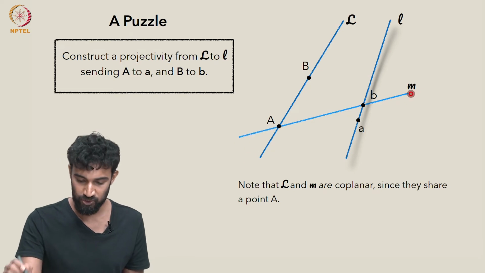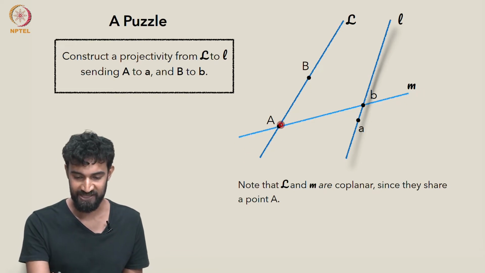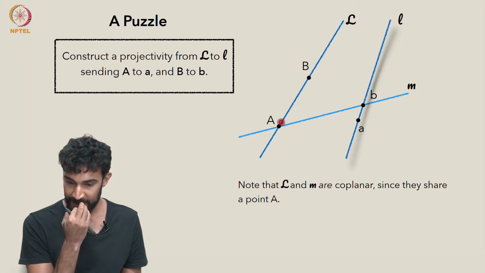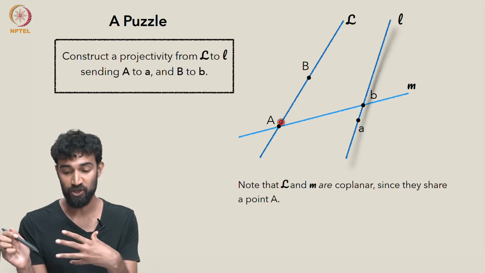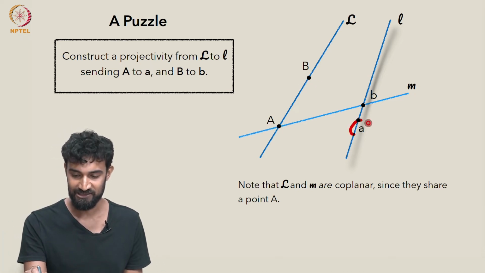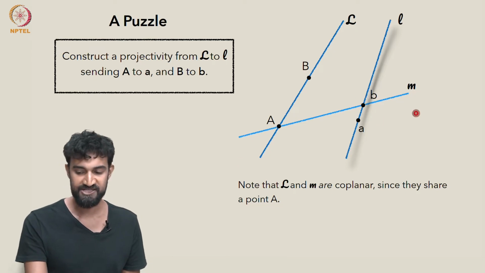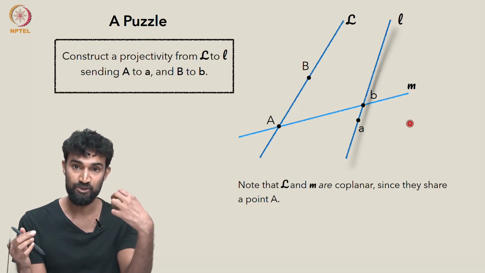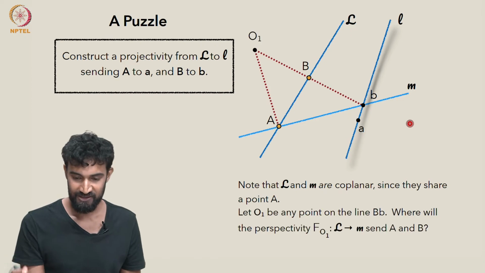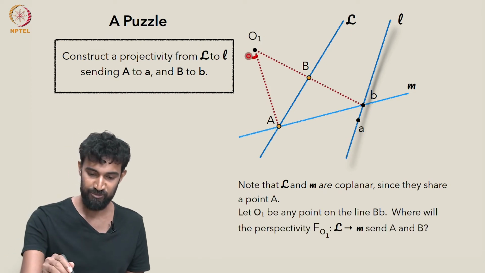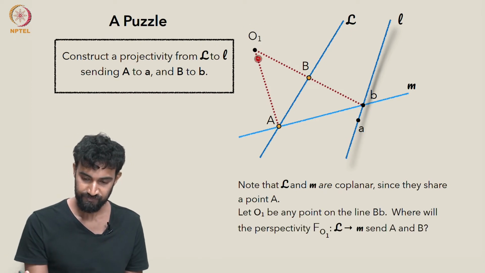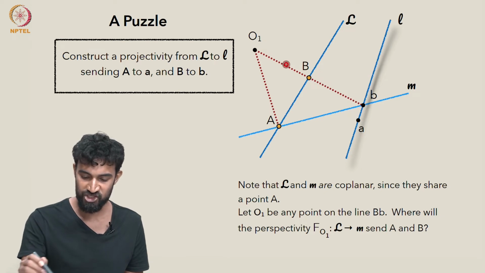So now we have these two coplanar lines meeting at A, and let's not try and do it all in one go. We want to map A and B to little a and little b, but let's use this intermediate line and do a sequence of two perspectivities. So let's start with a perspectivity centered at O1, where O1 is just any point along the line Bb.